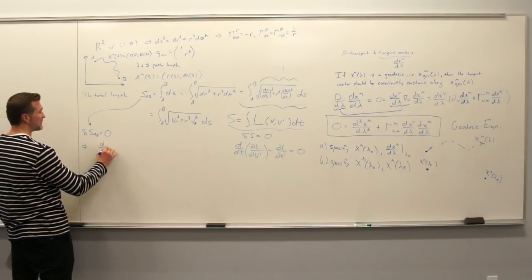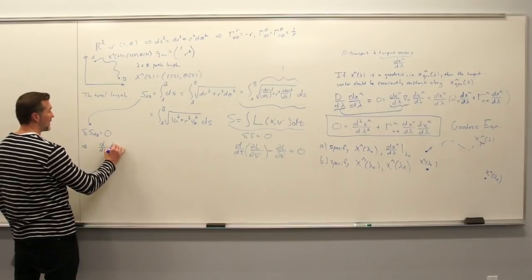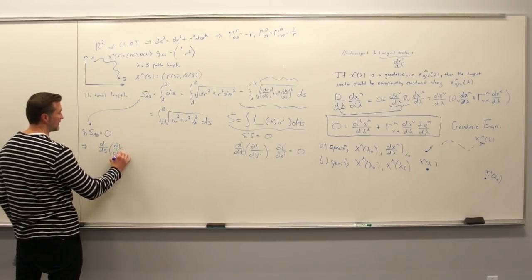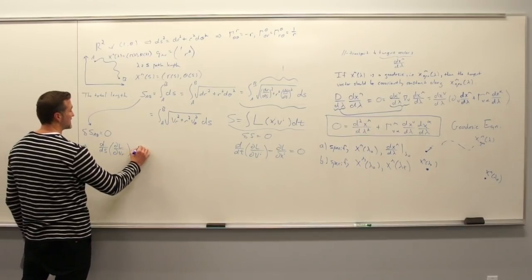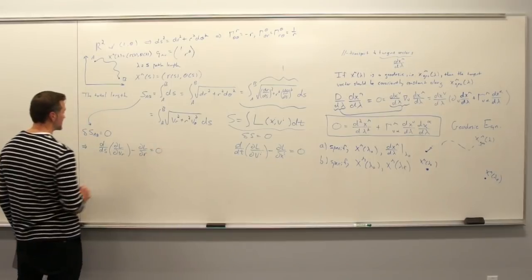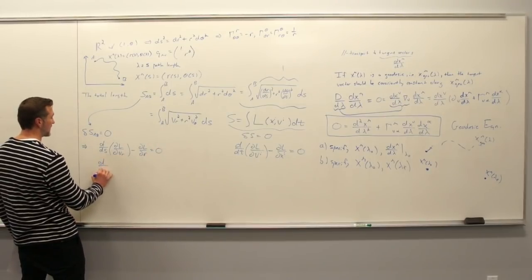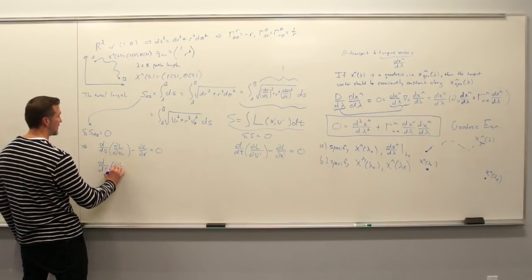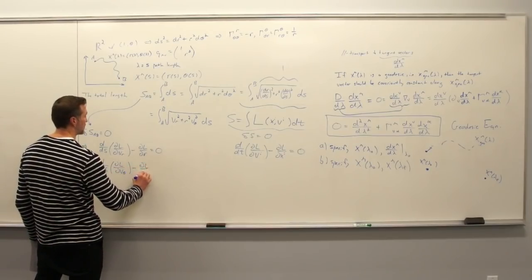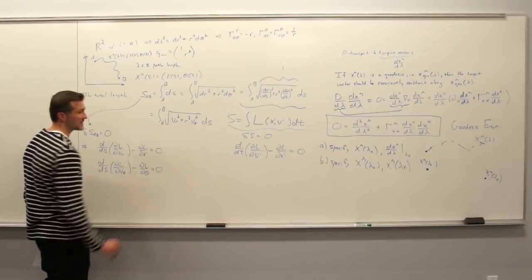We're going to have d by ds of the partial of L with respect to VR minus the partial of L with respect to R. We're going to set that equal to 0, and then d by ds of the partial of L with respect to V theta minus partial L partial theta, and we're going to set that equal to 0.